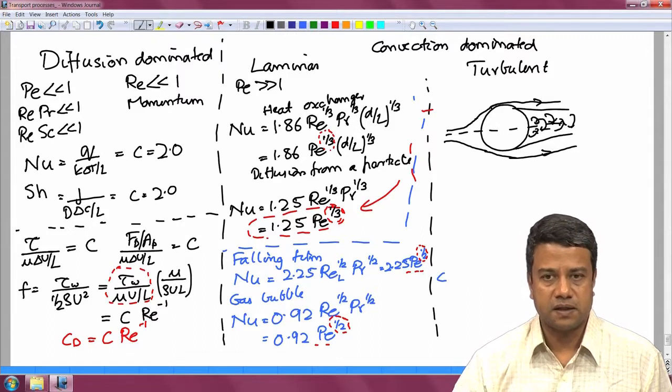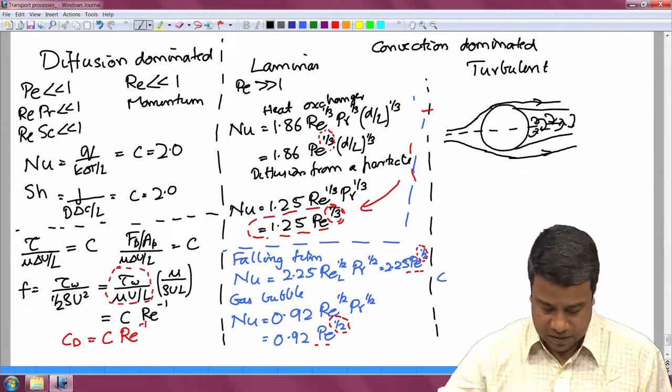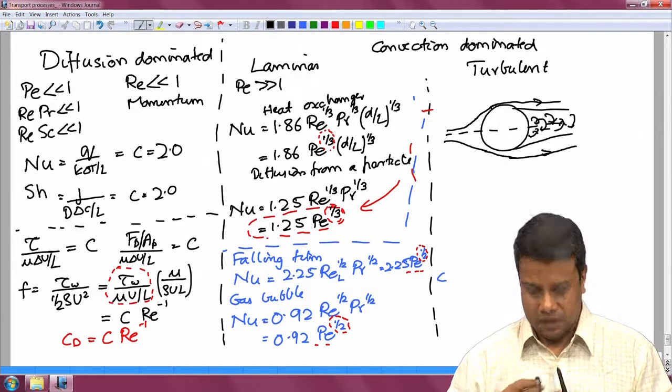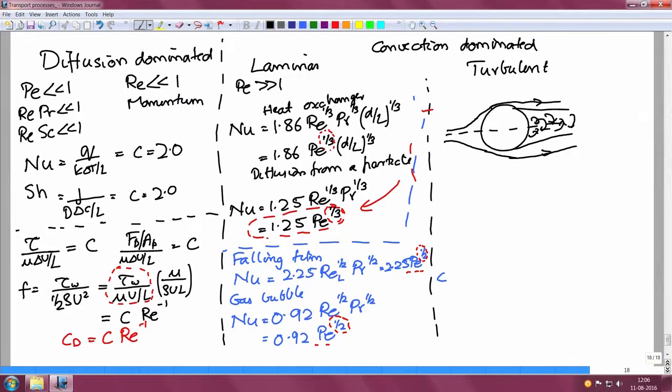The fluid eddies that are present in a turbulent flow carry with them mass, momentum or energy. And this significantly increases the transport rates. And for that reason, you get different correlations in a turbulent flow in comparison to a laminar flow.